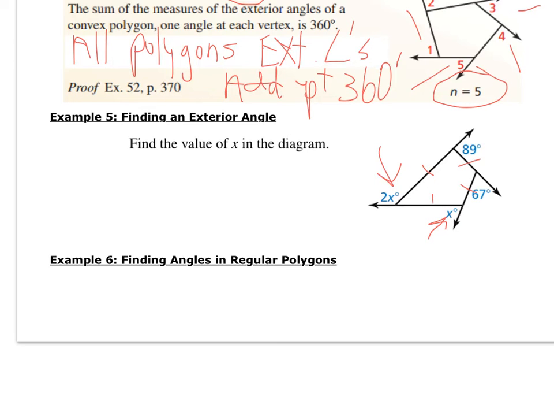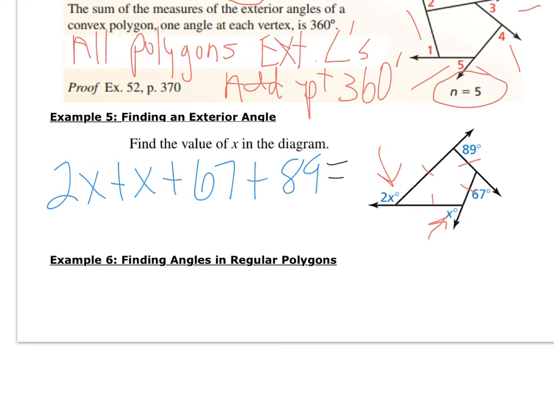Doesn't matter how many sides it has. So I need to add everything I know. I have a 2x, I have an x, I have 67, and I have 89, right? And what does that have to equal? That's right. They all have to add up to 360.